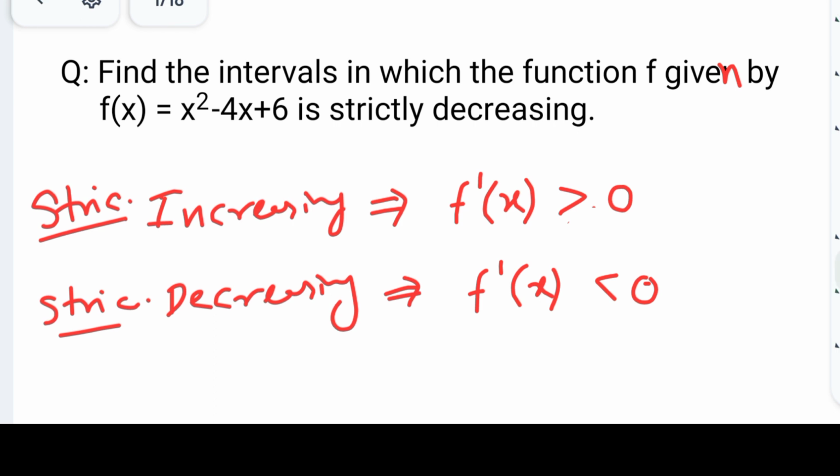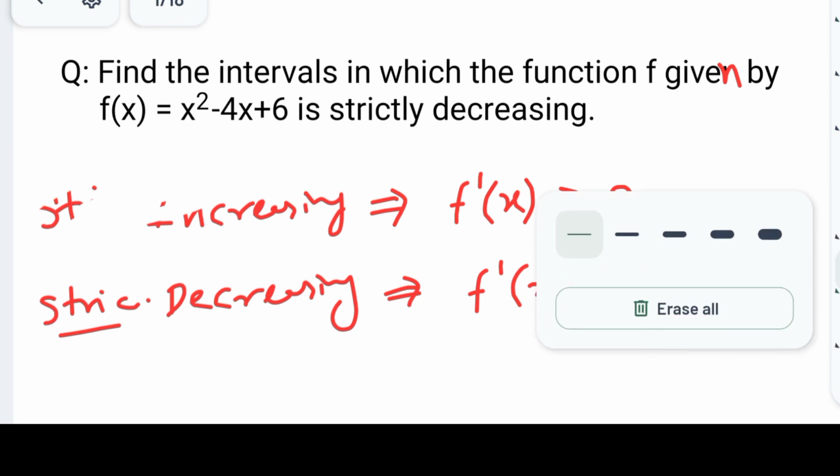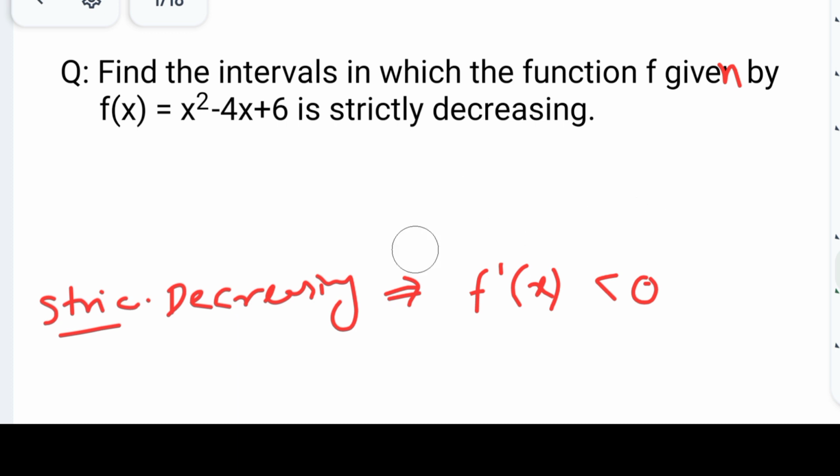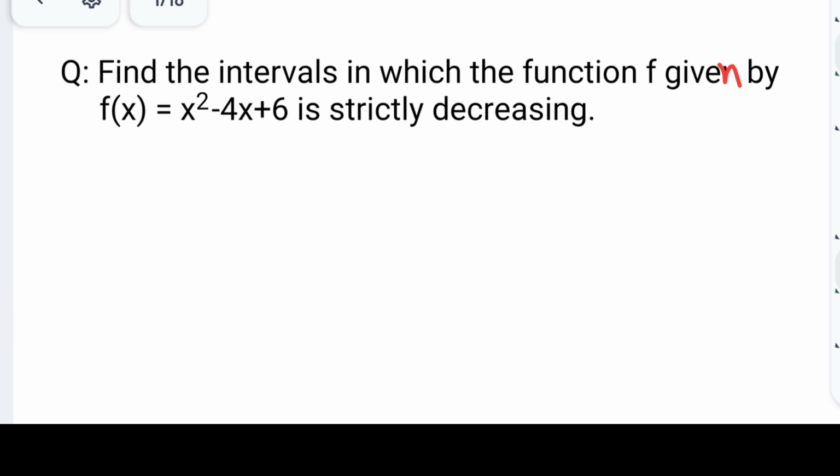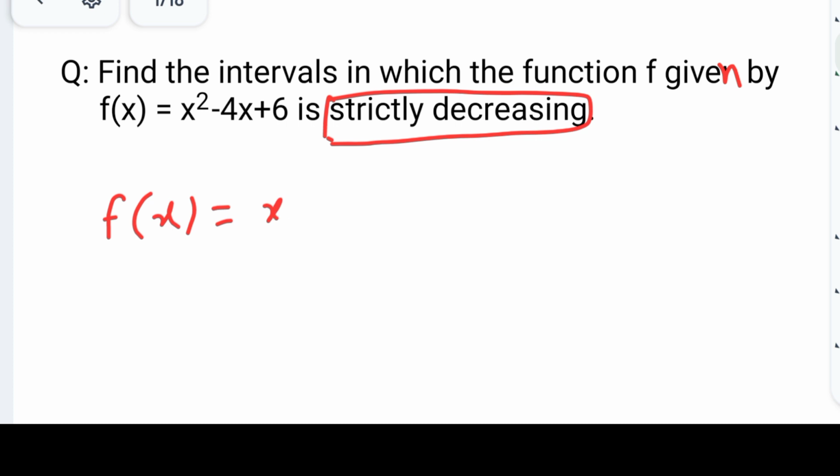Now I am going to discuss this question. This question is about strictly decreasing, so I will not include the equal sign. The function is given as f(x) = x² − 4x + 6, and strictly decreasing means f'(x) will be less than 0.